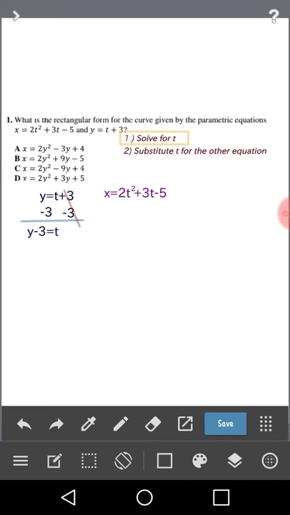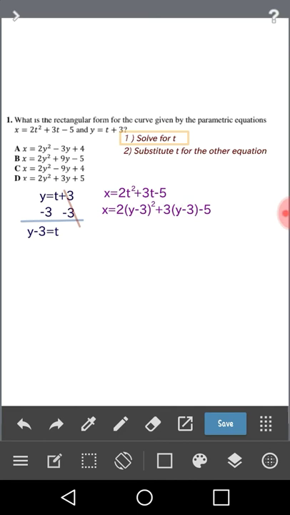And that would be x equals 2 times the quantity y minus 3, squared, plus 3 times the quantity y minus 3, minus 5. The first step when you're solving an equation is to do the parentheses, whatever is inside the parentheses, or exponent.